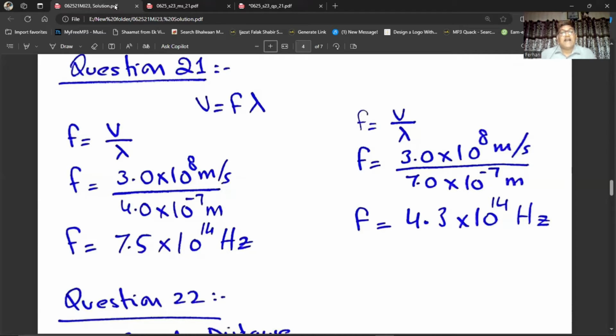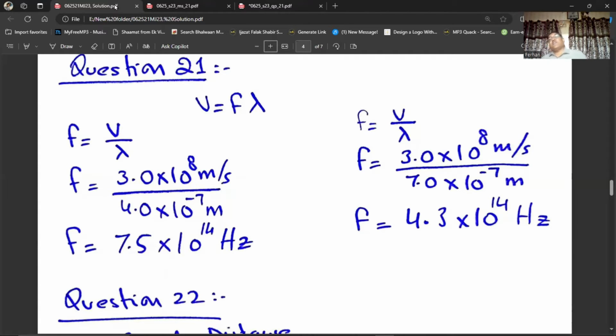When I divide 3 times 10 to the power 8 meter per second by 4 times 10 to the power minus 7 meter, I get 7.5 times 10 to the power 14 hertz. Then I will calculate the other frequency. f equals v by lambda. The v is 3 times 10 to the power 8 meter per second, and the lambda is 7 times 10 to the power minus 7 meter. The answer will be 4.3 times 10 to the power 14 hertz.